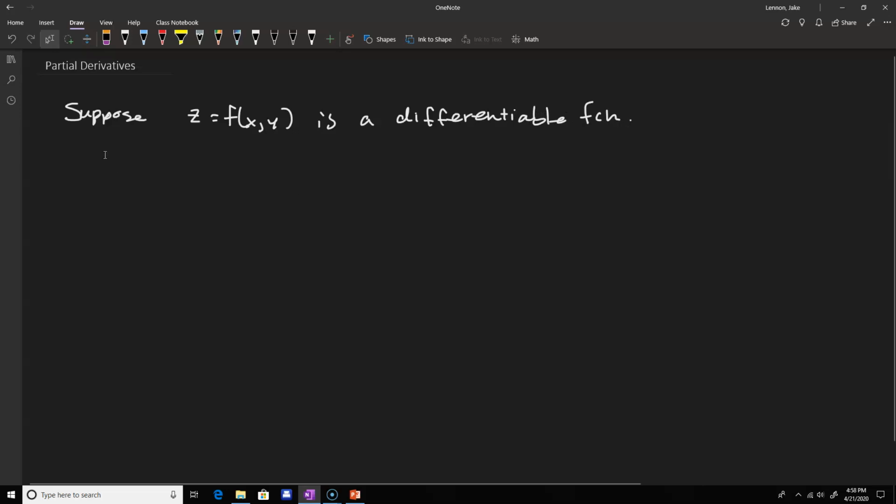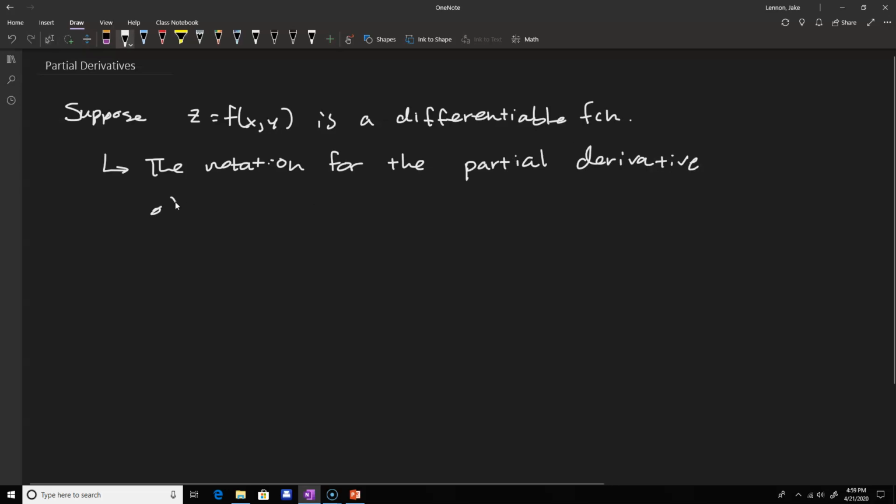Then the notation for the partial derivative of f with respect to x, and it'll be analogous for y, is, so there's two ways to write it.